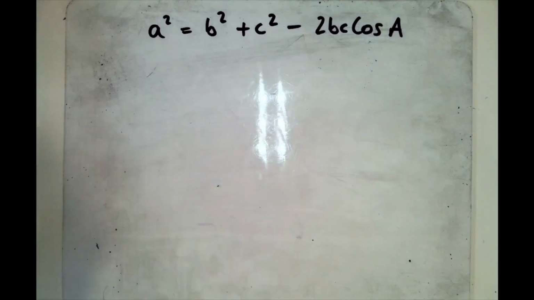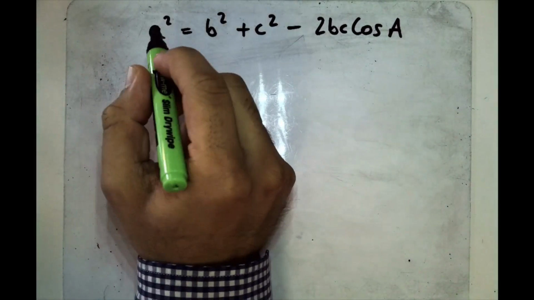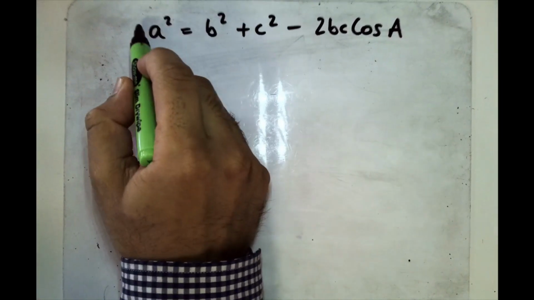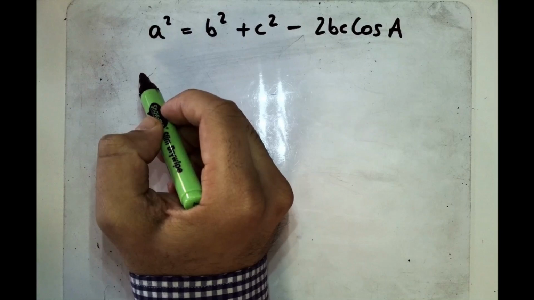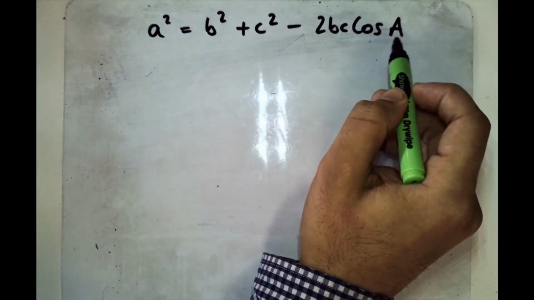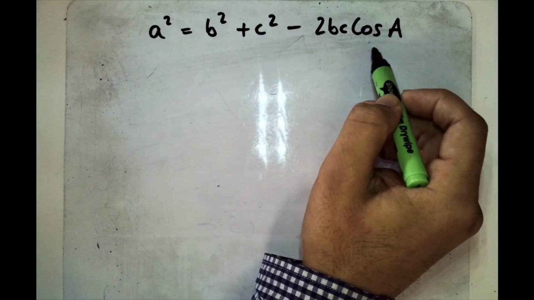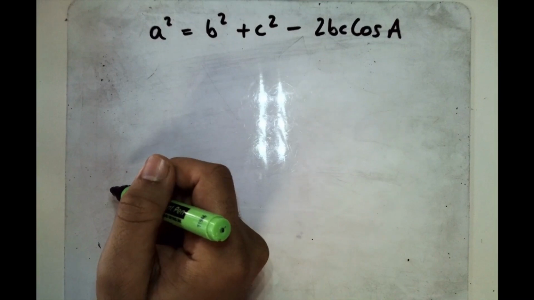But at the moment, the subject of this formula, the subject of this equation, that means the thing that's on its own, is the a squared. Now, what I'd like to do is to rearrange this so that cos A is the subject of the formula. So this is how we're going to do it.